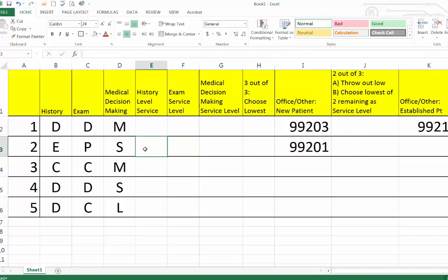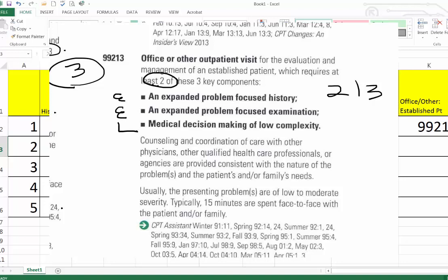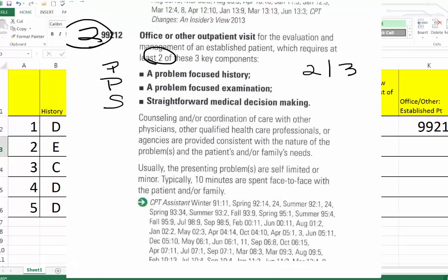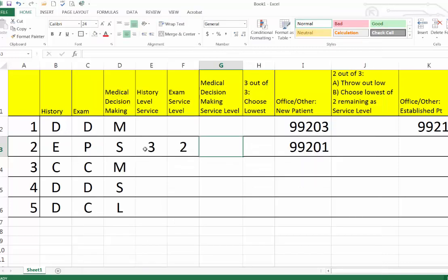Let's use that same EPS over in established patient. So for established patient, EPS, E for history is a service level 3. P for exam is a service level 2. Straightforward decision making is a service level 2. So when we have 2 out of 3, throw out your lowest service level.